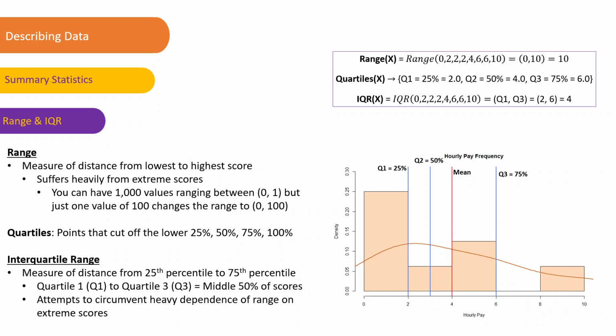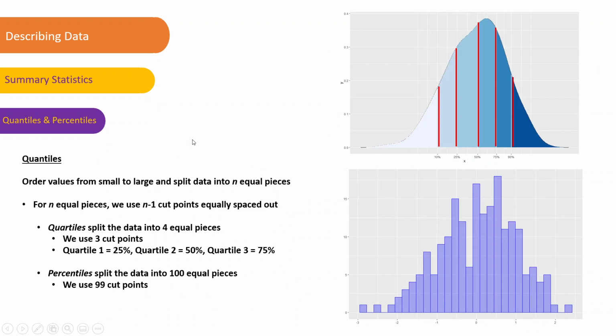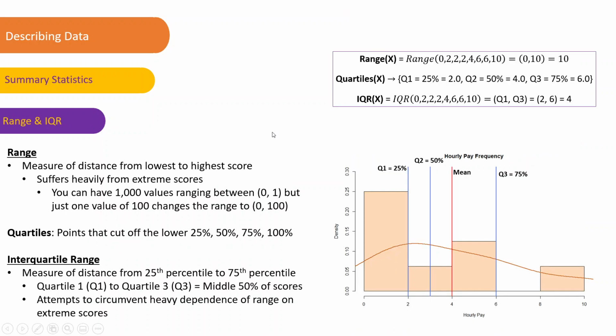So it's a measure of distance from our 25th percentile to our 75th percentile. So if we go back here, using this example, here's our 25th percentile, here's our 75th percentile. This is our interquartile range. It's what falls between our 25th and our 75th percentile. It's also the middle 50% of our scores. So 50% of our observations, the middle 50% to be precise, fall between our first quartile, the 25th percentile, and our third quartile, the 75th percentile.